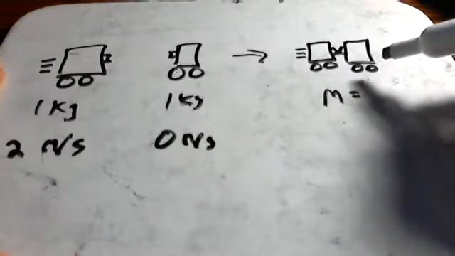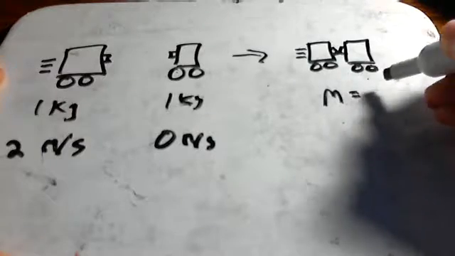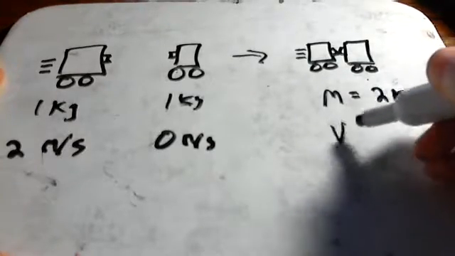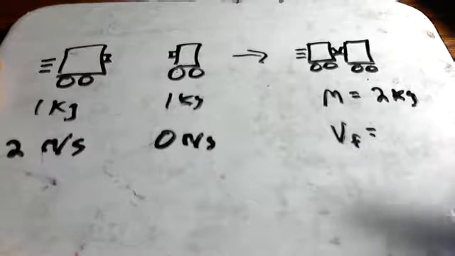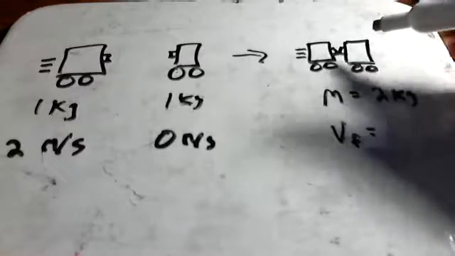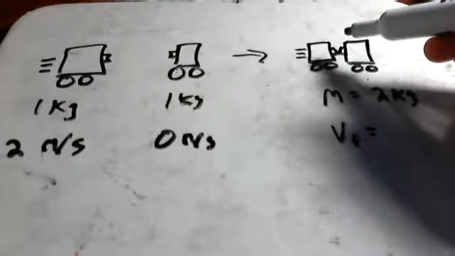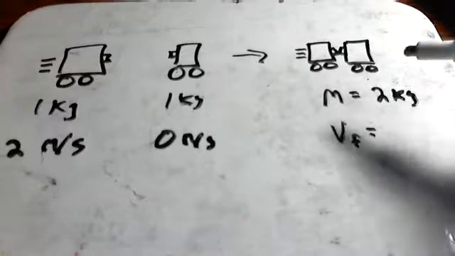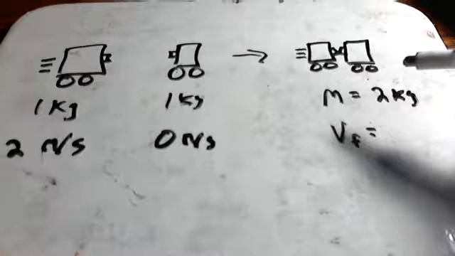Well, they're together, so the mass is 2 kilograms now. Velocity. We now essentially only have one object, right? Because if they're stuck together, by definition, they're traveling at the same velocity. So what I want you guys to do, I'll give you a minute or so to go through it and work this out.